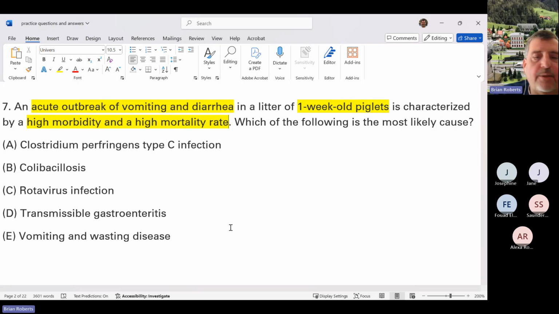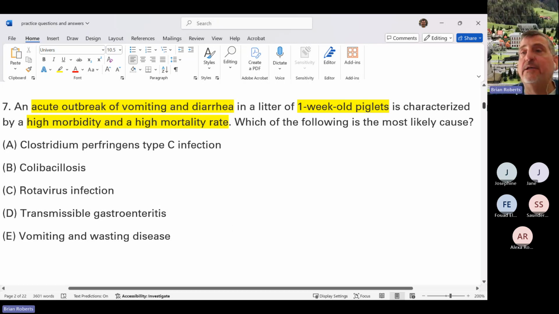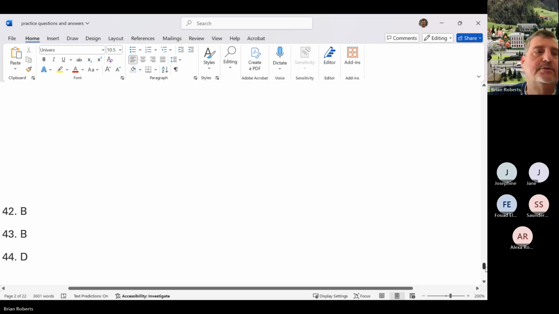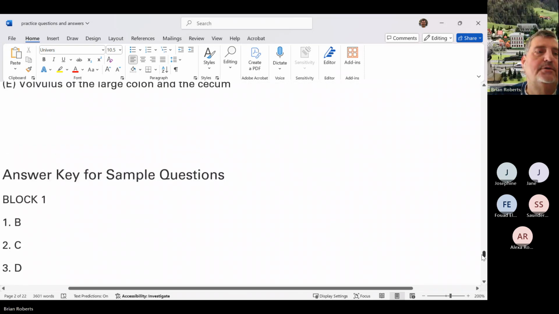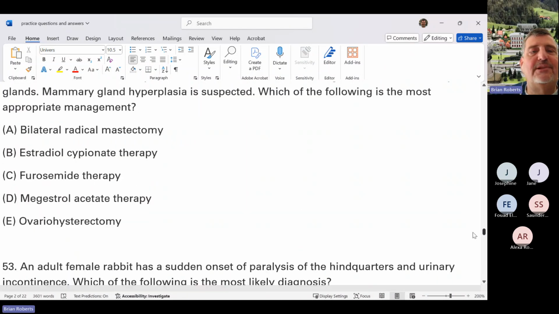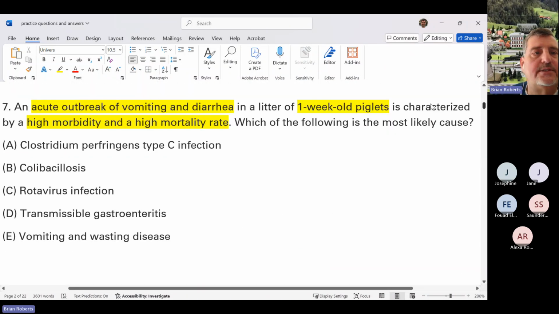What do you guys think? You're gonna have to help me out because I don't remember my pig stuff. Is it the Clostridium type C? I think it's D. Let me look at my answer key here. It's transmissible gastroenteritis.